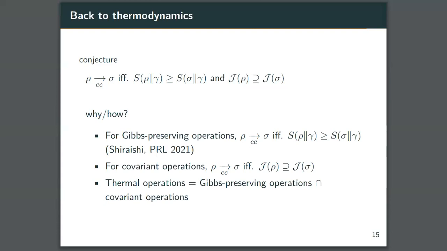But at least in this setting of state transformations, where you consider catalytic state transformations, I think it's not known. The sense is just, can you take monotones for Gibbs preserving operations and covariant operations, and does that give you the monotones for thermal operations? I think one should attack this problem.